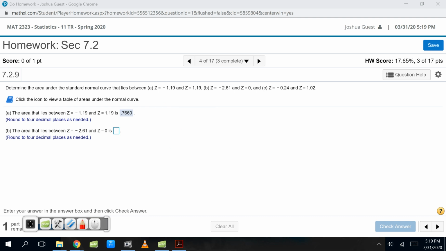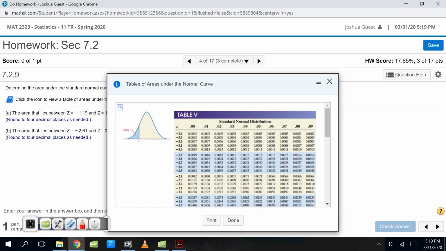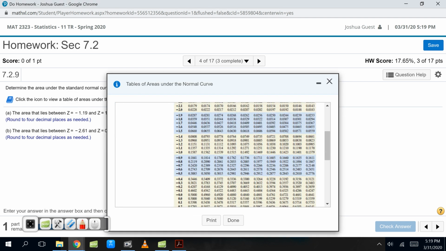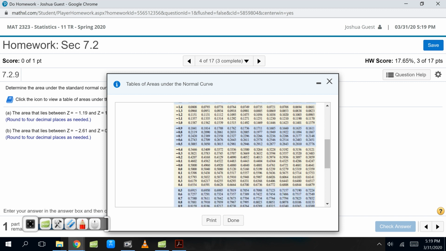When we pull the table up, you can look up 0 if you want to. But whether it's got a negative in front or a positive, 0 is not negative or positive. It's because you go negative 0.01, negative 0.02, or 0.01, 0.02. That's why it's there.